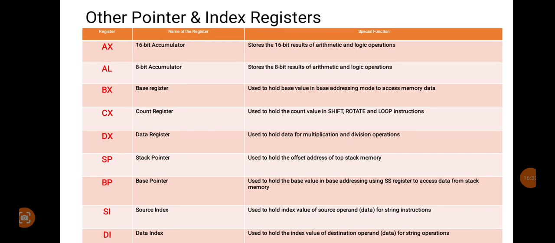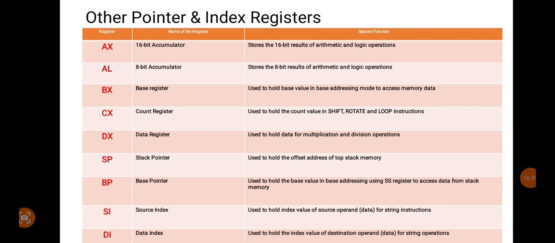Now, the last part of the execution unit is the pointer and index registers. AX is called the 16-bit accumulator, which will store the 16-bit result of the ALU operation. AL is called the 8-bit accumulator, which stores the 8-bit result of the ALU operation.